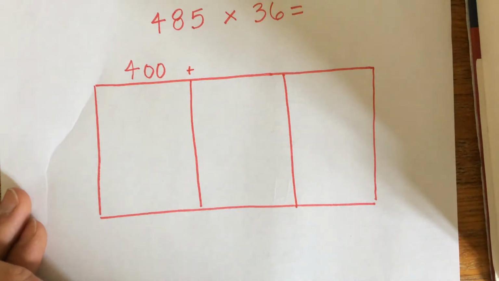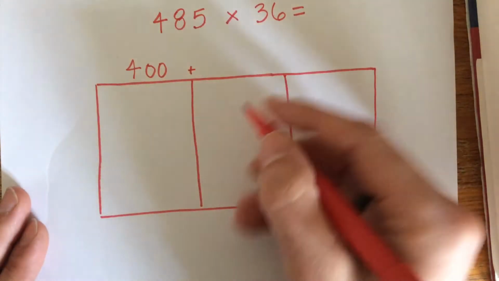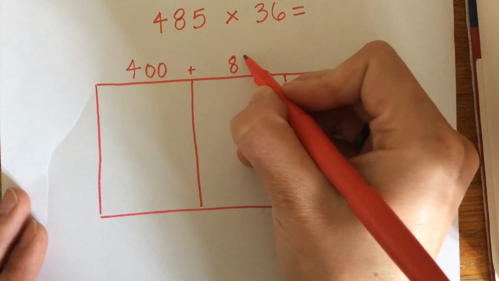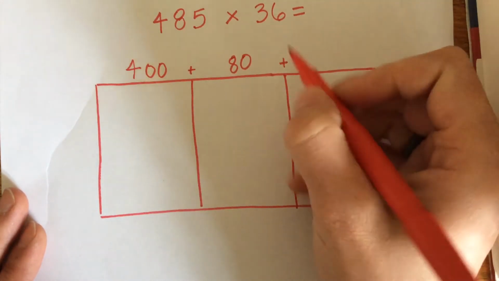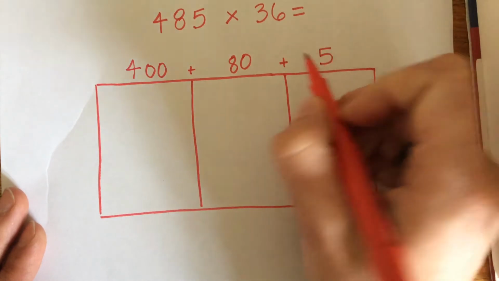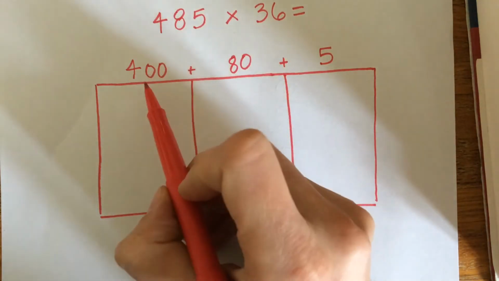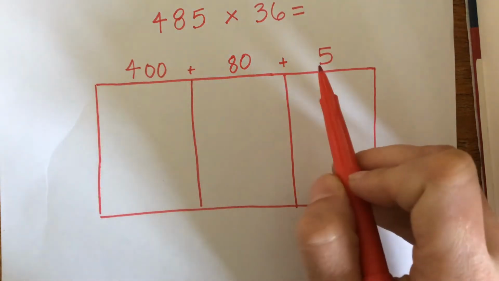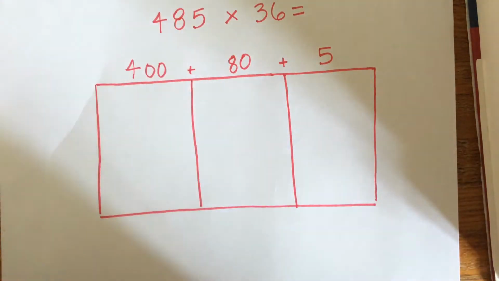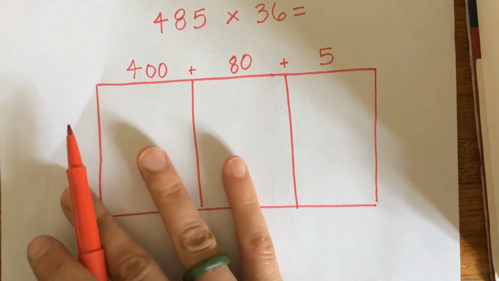And I'm going to ask you, what are the tens? And I hope you notice that the tens are 80 and another plus sign. And what are the ones? And that is 5. So if we were to add up these numbers here, 400 plus 80 plus 5 equals 485. We've broken it apart.